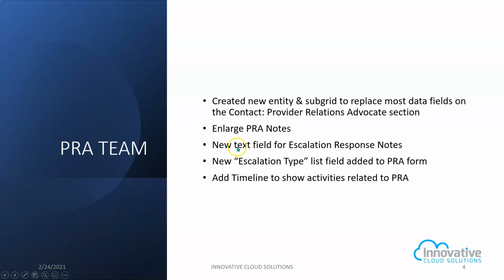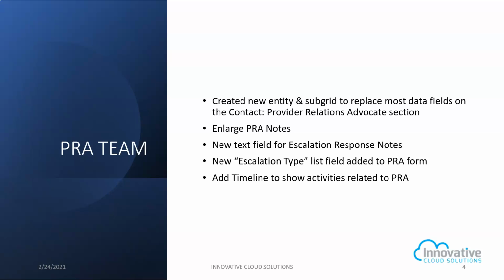And then lastly, on the PRA team, we created a brand new entity and subgrid to replace many of the data fields that were on the provider form in the PRA section. We've enlarged the size of the PRA notes, and we provided a new field for escalation response notes. So you can put your response notes into this text field, and they would be separate from other notes on the PRA.